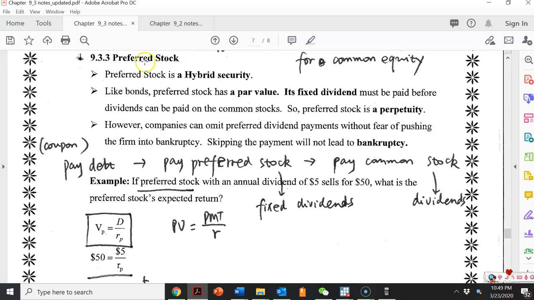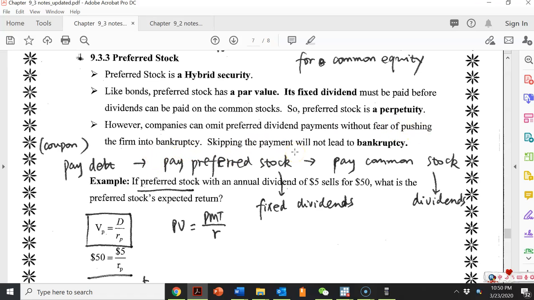What if we have preferred stock? It's a hybrid security. It's very special because it's between bond and common stock. Similar to bonds, preferred stock has a par value. Its fixed dividend must be paid before dividends can be paid on the common stocks. So preferred stock is a perpetuity. However, companies can omit preferred stock payments without fear of pushing the firm into bankruptcy.